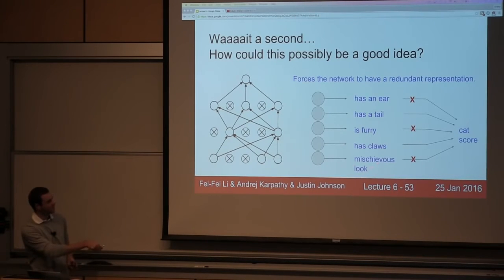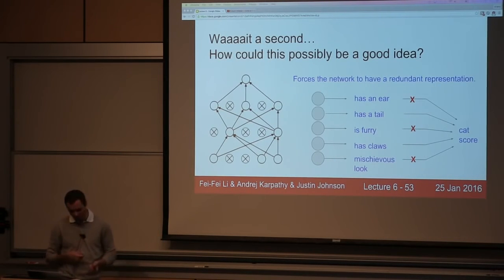You need that redundancy because you're about to, in a way that you can't control, get half of your network dropped off. And so you need to base your cat score on many more features if you're going to correctly compute it, because you can't rely on any one of them, since it might be dropped. So in this case, we can still classify the cat properly, even if we don't have access to whether or not it's furry or mischievous and so on. So that's one interpretation of dropout.